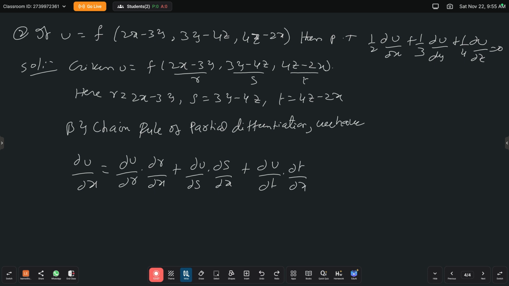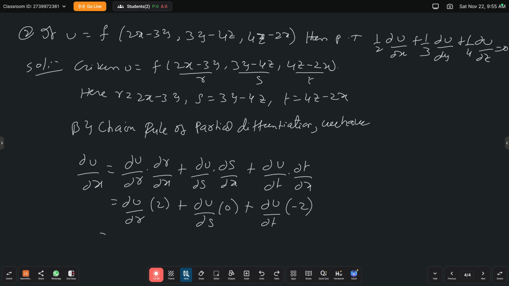Okay, so you know that dou u by dou r into dou r by dou x, the value is 2, plus dou u by dou s into 0, plus dou u by dou t into dou t by dou x, the value is minus 2. So now 2 is common: 2 into (dou u by dou r minus dou u by dou t).